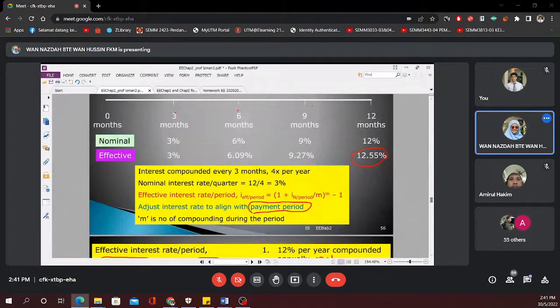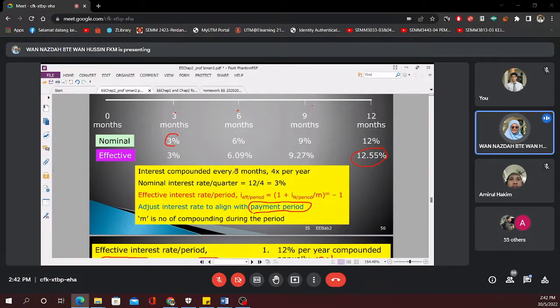Faham? So, this is the example where the bank charges you quarterly, meaning that every 3 months the bank charges you. So, kat sini dia charge, so I nominal considered as 3%. Tapi kita nak kira I effective.